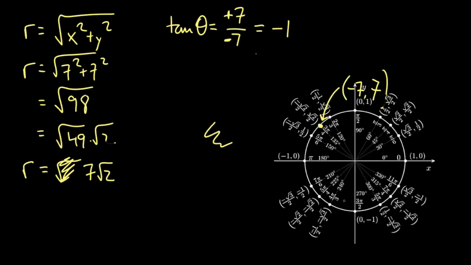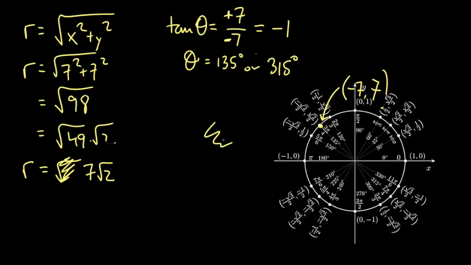I go find where tangent of theta would be -1, and if you look here, -7 and 7 is going to be here. That is a tangent value of -1, and so is this over here. So my two possibilities would be 315 or 135 degrees.